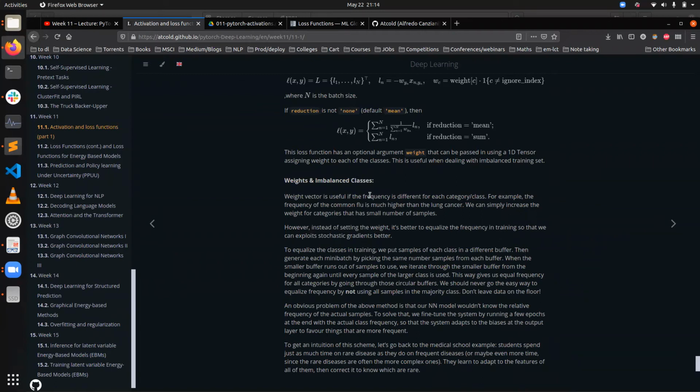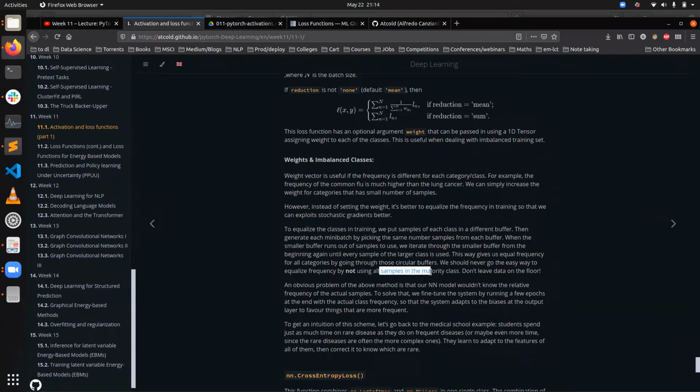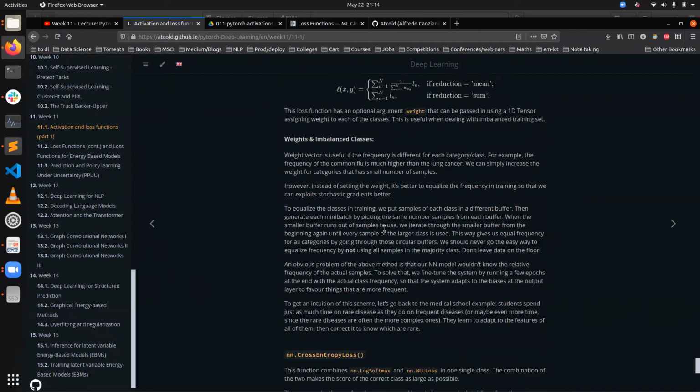He explains this in the video well. When you create the batches, you just equalize the frequency by oversampling. So you do oversampling to get equal frequencies of all the classes, and you should never do undersampling, because undersampling essentially means you are just throwing away some data points in the majority class. That is obviously not recommended. So what he recommends is oversampling.